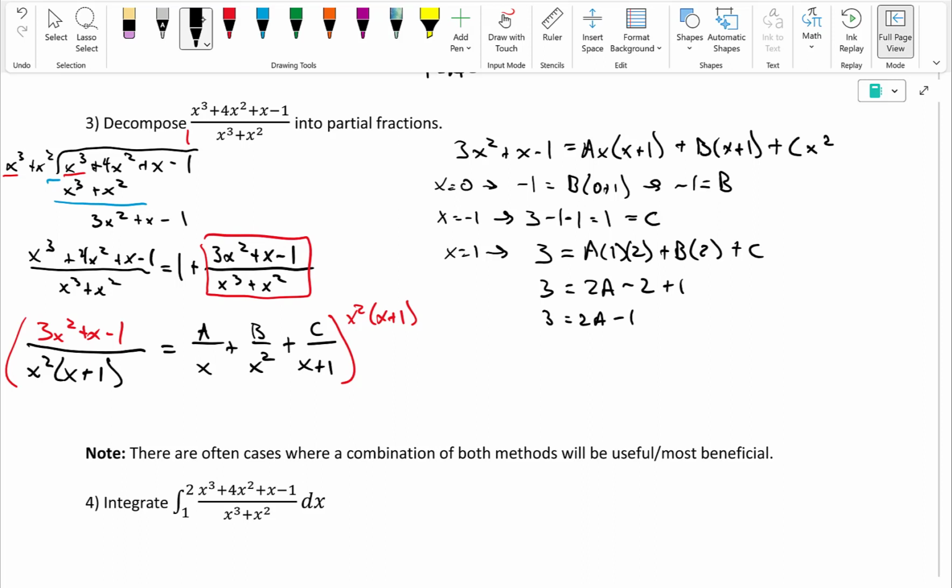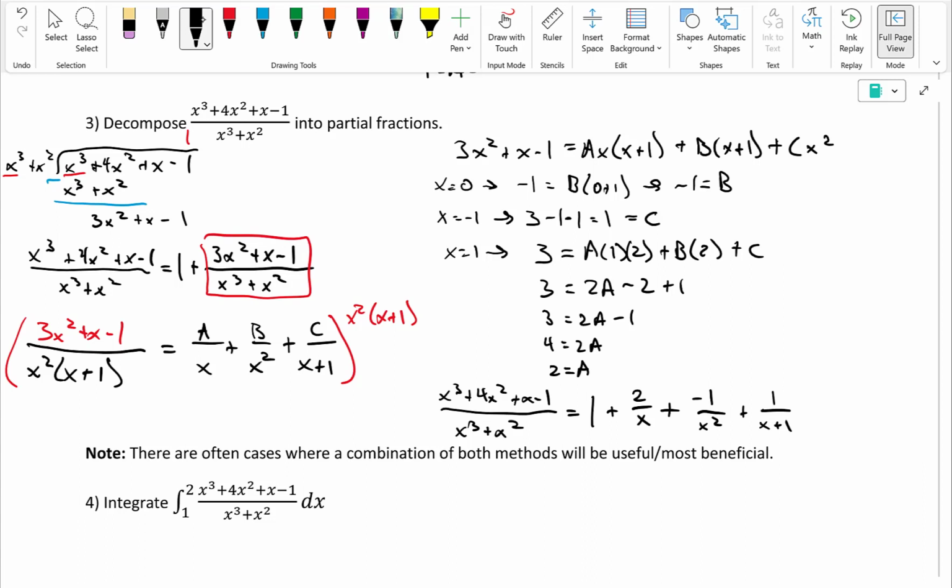And then if we add that over, 4 equals 2a, divide by 2, and we find that a is 2. So our original fraction here, (x cubed plus 4x squared plus x minus 1) over (x cubed plus x squared), is going to decompose into 1 plus, a was 2, so 2 over x, plus b was negative 1 over x squared, plus c, which was 1 over x plus 1.